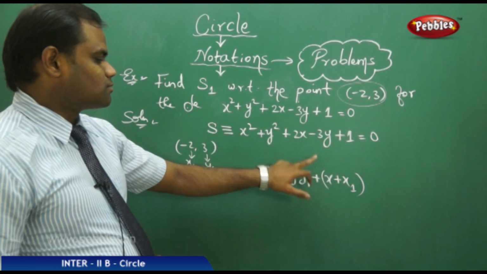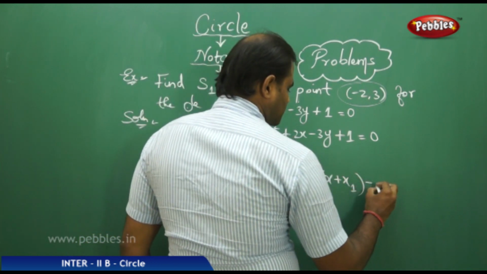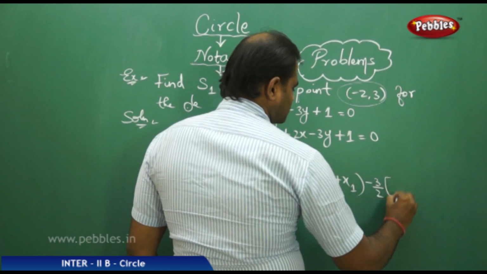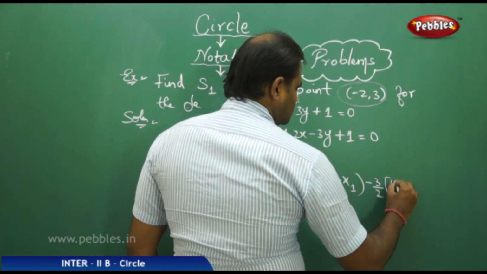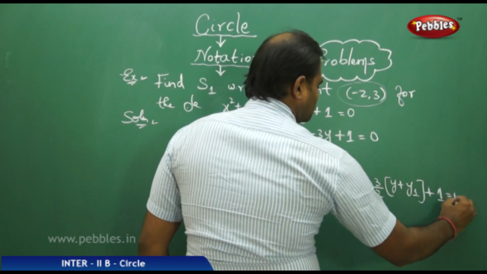Now g is 1, so 1 times of (x plus x1), and this reduces to minus 3 by 2 of (y plus y1) plus 1 equals 0.